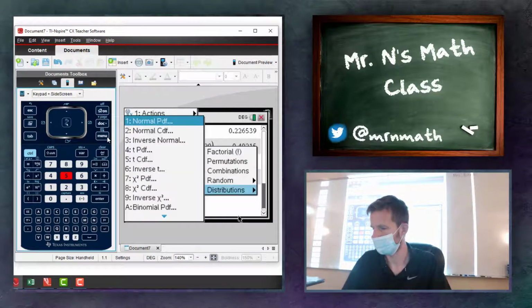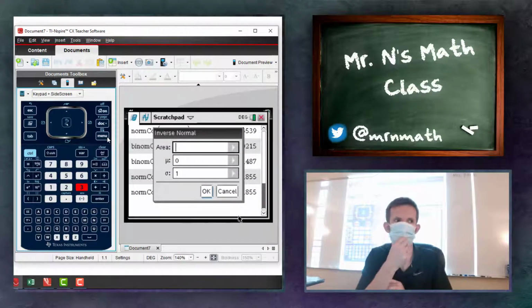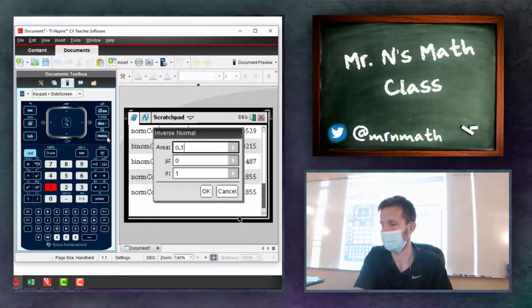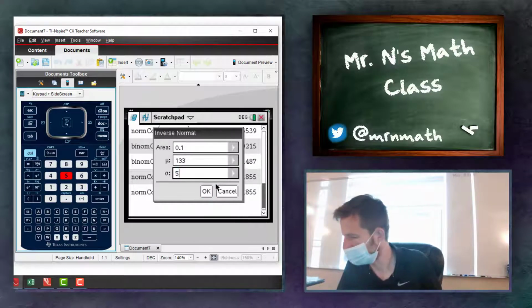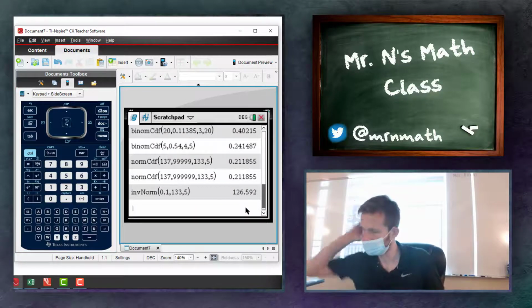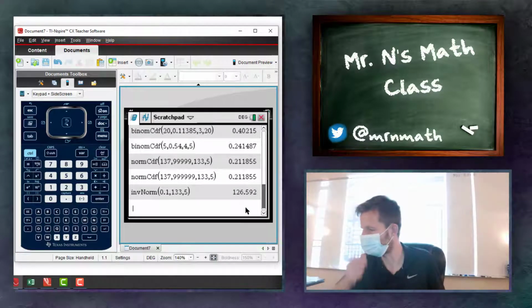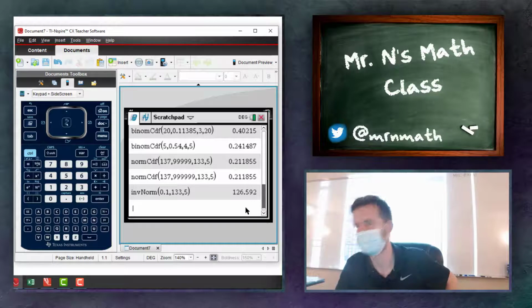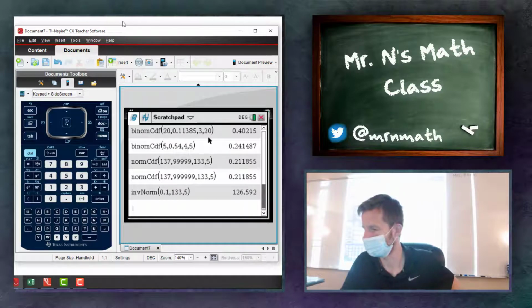Menu 553. And if I want the bottom 10% of melons, what's my area? 0.1, because I want the bottom 10%, with a mean of 133 and 5, right? So the bottom 10% would weigh less than 126.6, if I'm doing 4 sig figs.